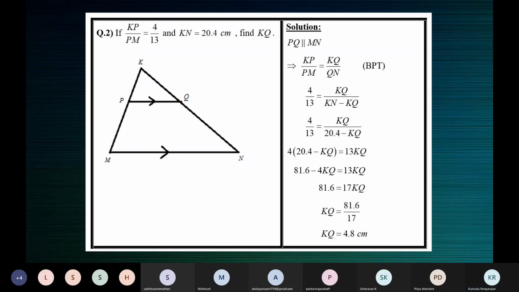I've used KP by PM itself. KP by PM is equal to KQ by QN. See, that's also fine. And I've written QN as KN minus KQ. The first two steps are important.